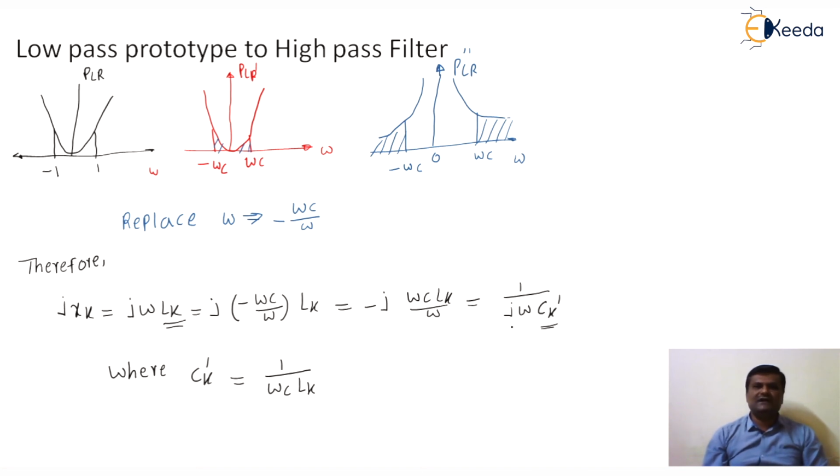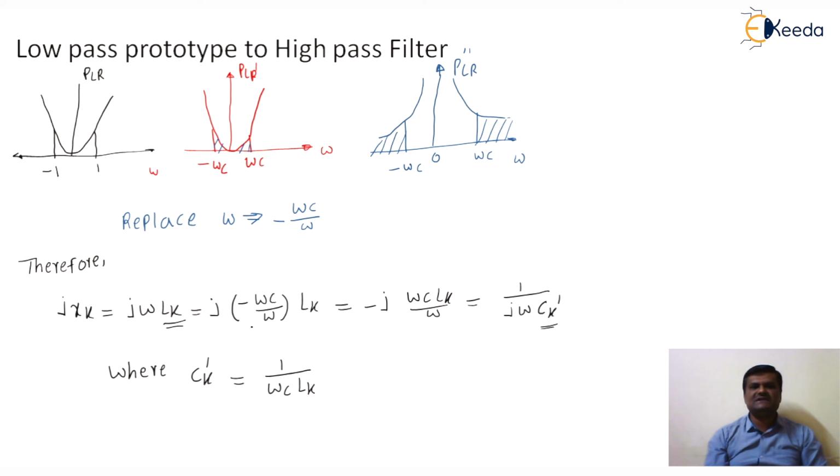So we know that in the low pass filter and high pass filter, the components are interchanged. In the low pass filter, the inductor is in series, but in a high pass filter, the capacitor is in series. In the same way, if the capacitor in a low pass filter is in shunt, then the inductor is in shunt in a high pass filter.